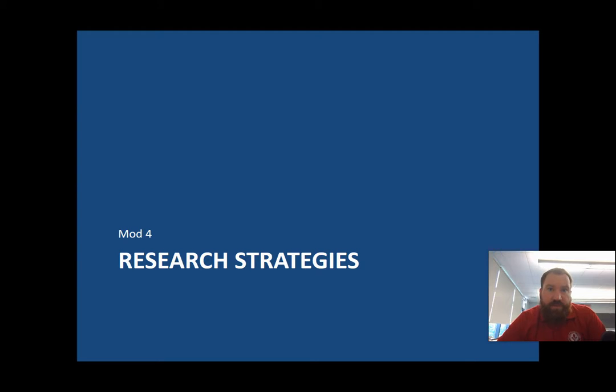This is a really important part of the unit. Moving forward, we're going to be talking a lot about the different types of research that is done, and having a firm foundation in the stuff that we're going to learn in the next few videos is going to really set you up for success or failure in this course if you don't have that understanding. So these are extremely important, and it's important that we pay attention to it.